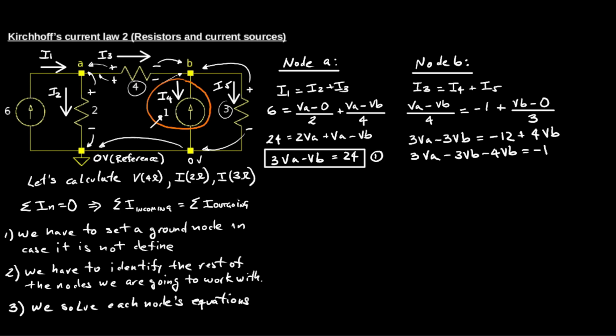So as I said before, you can draw the currents in the nodes in any direction you want. Okay, depending on the direction you draw it, you're going to get one result or another. The only thing that is going to change is the polarity of the sign of the results.